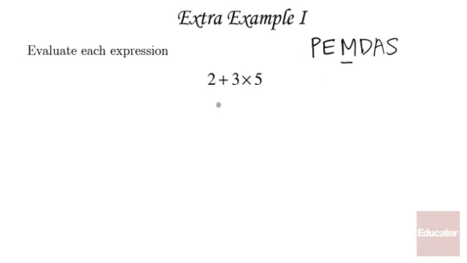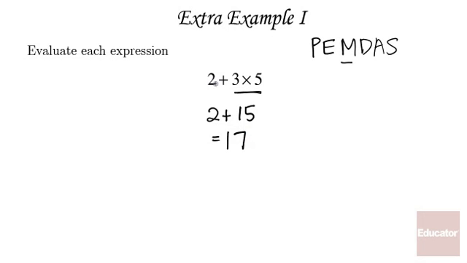So you're going to do this first. Before you add, even though this comes first, you'd have to multiply before you add. Okay, so 2 plus 3 times 5 is 15, and then this is going to become 17.